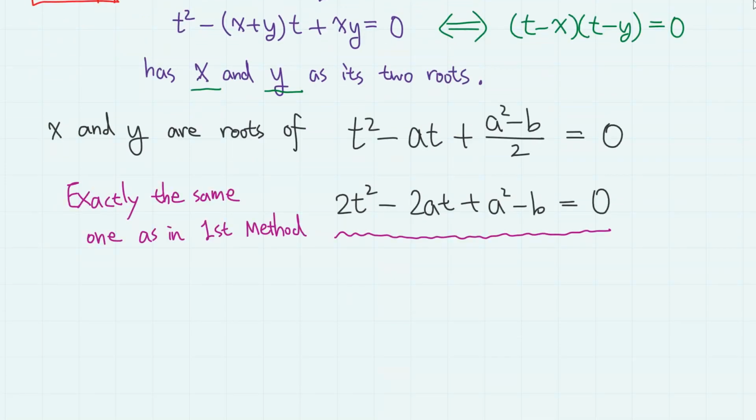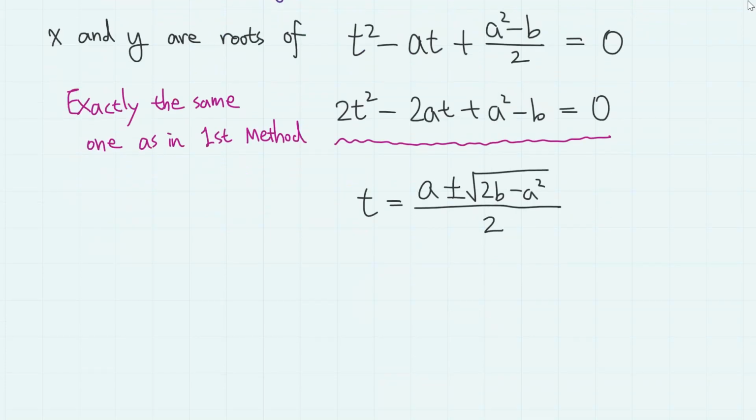Notice that this is the exact same equation we obtained in the first method. And we have already shown that this equation gives roots t equals a plus minus square root of 2b minus a squared, over 2.